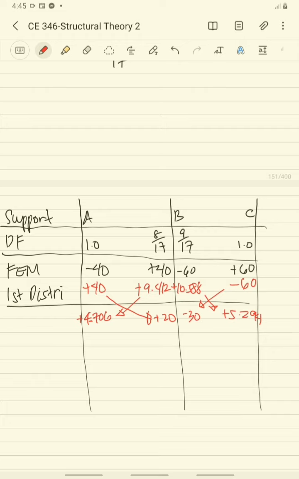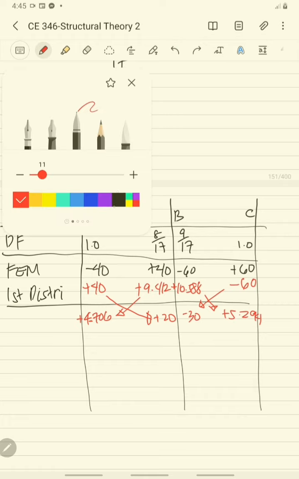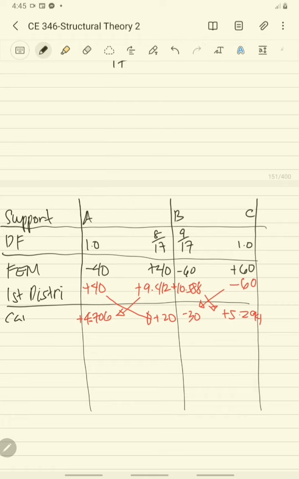Okay, so this is our second distribution carryover.